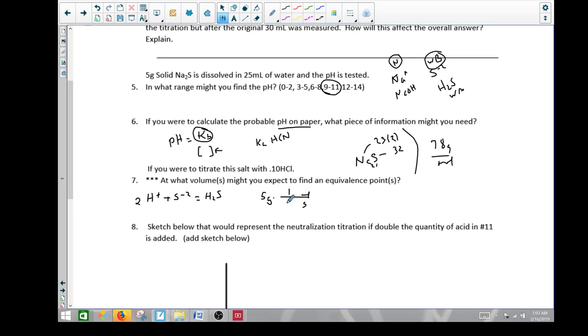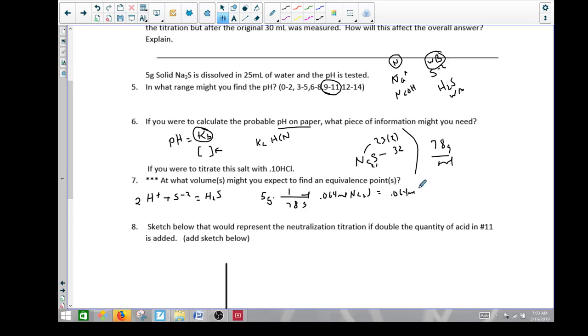Well, 1 mole is 78 grams, and I have less than 1 mole. 5 divided by 78 equals 0.064 moles of Na2S, which equals the moles of sulfur, 0.064 moles.